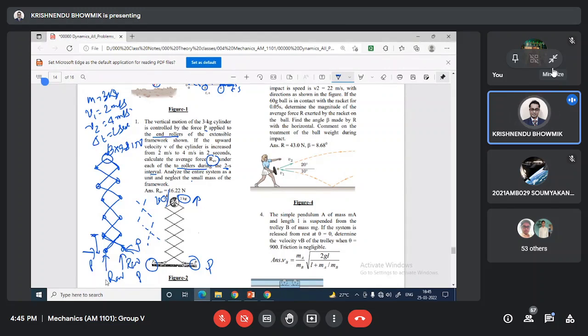If this height, say h1, h2, h3, increases, then that will give the velocity. Velocity comes due to some movement, and that movement happens within that interval of time.